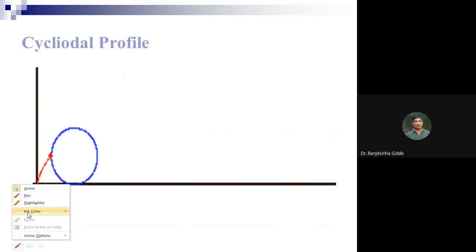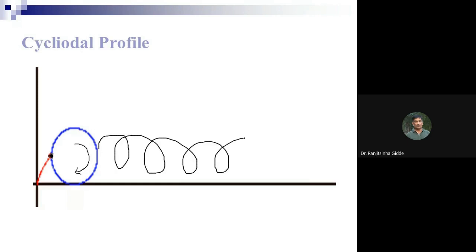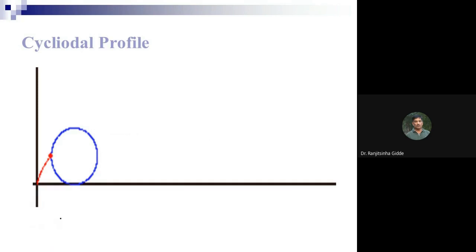This is the point on the circle, and this circle is rolling by rotating in clockwise direction. Like this, without any slip, right?